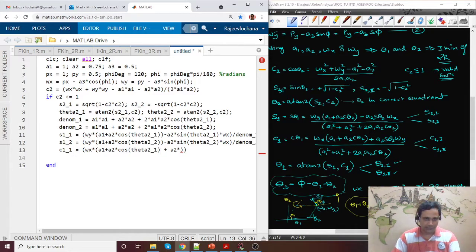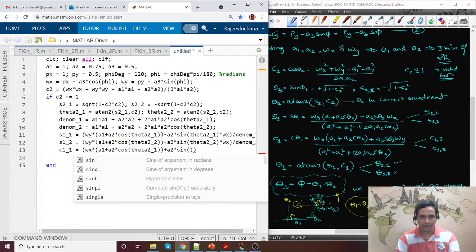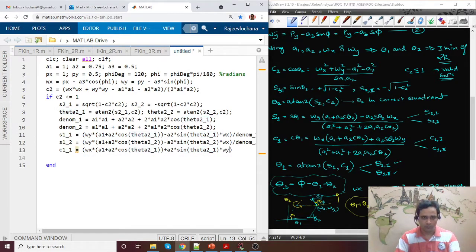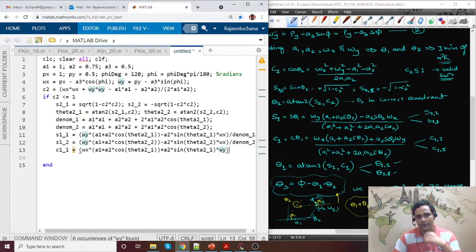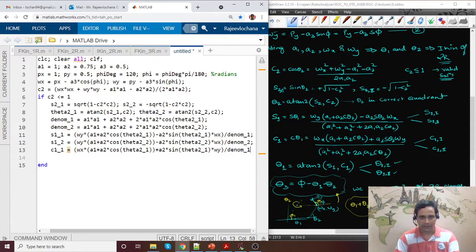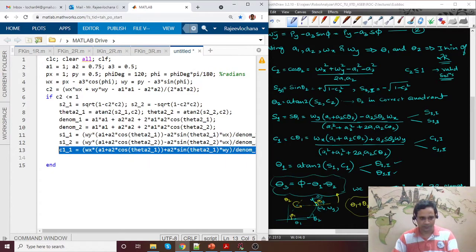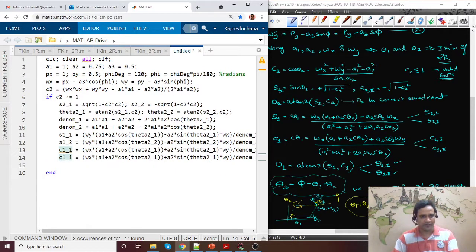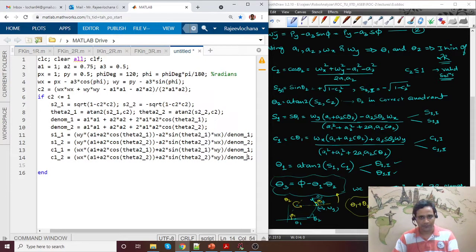Okay, yeah, so again there was a mistake I had made. Okay, now it is fine. Now again denominator underscore 1, the first solution. Similarly we'll have the second solution. This time I have been careful to copy only what is required. Okay, so we'll have two sets of solutions now.